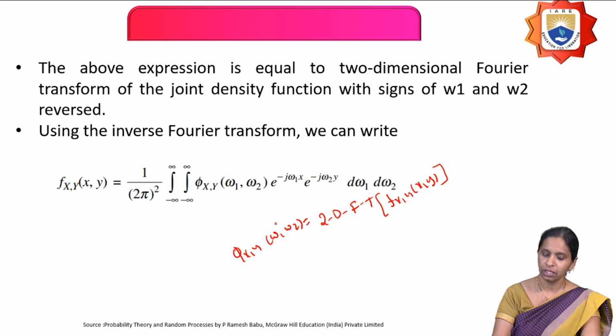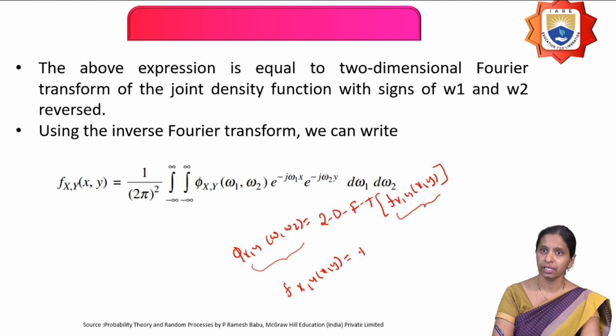Similarly, if you know the characteristic function, you can calculate the joint density function by taking the inverse Fourier transform. Therefore, how can you find the joint density function if you know the joint characteristic function?